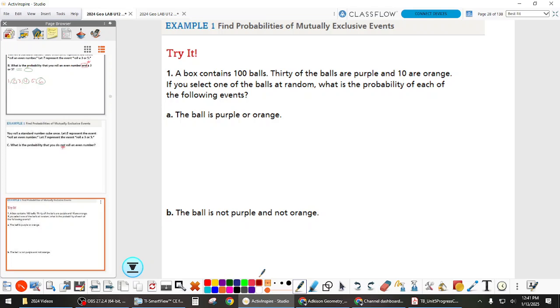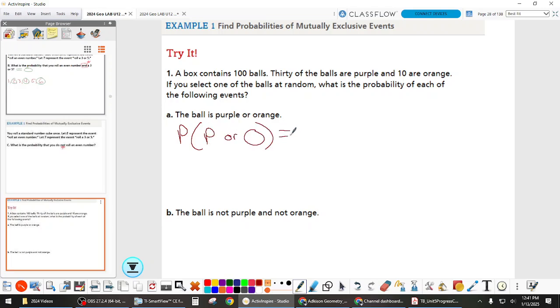Okay, so we have a box with 100 balls of some kind in there. 30 are purple, 10 are orange. How come that doesn't add up to 100? Yeah, there's other colors in there. So does it have to? No. So, probability of P, I'm just going to abbreviate.